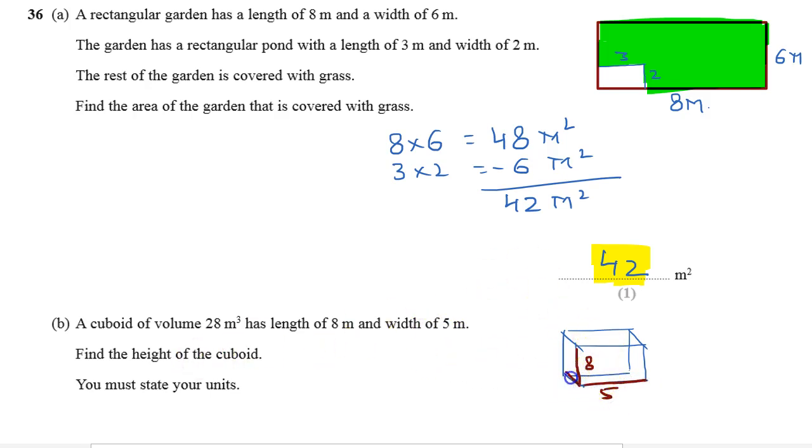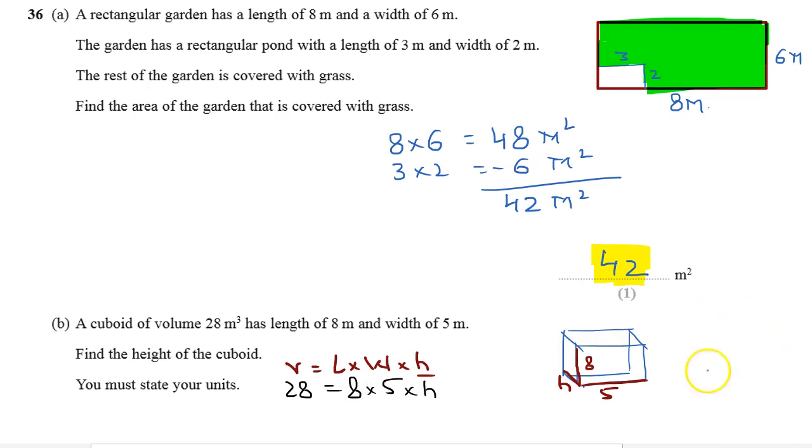Find the height. Let's say this is the height. We know that the volume of a cuboid is length, width and height. Now height is not given, but the volume is given, 28. So 28 is equal to length is 8 and width is 5, multiply h.